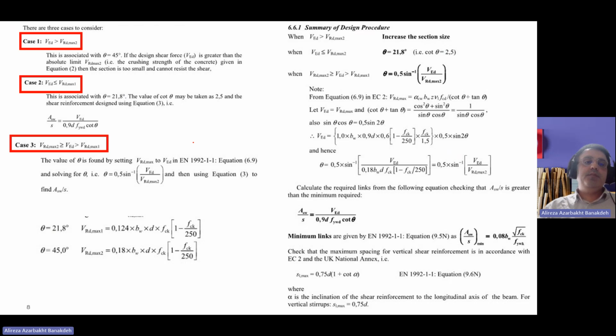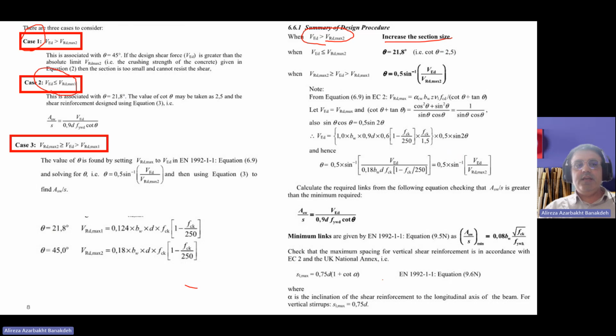So there are principally three cases, case 1, 2, and 3. As you can see, in case number 1, if the ETABS value is more than Vmax 2, you need to increase the section size.